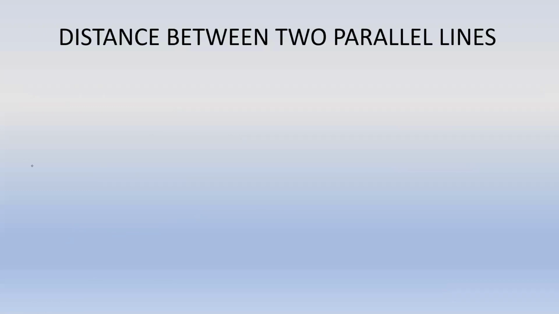For this, we will have to draw two parallel lines. Say this is the first parallel line, let's name it P, and let's make another parallel line, say this is Q. Now, on these two parallel lines, let us take points.